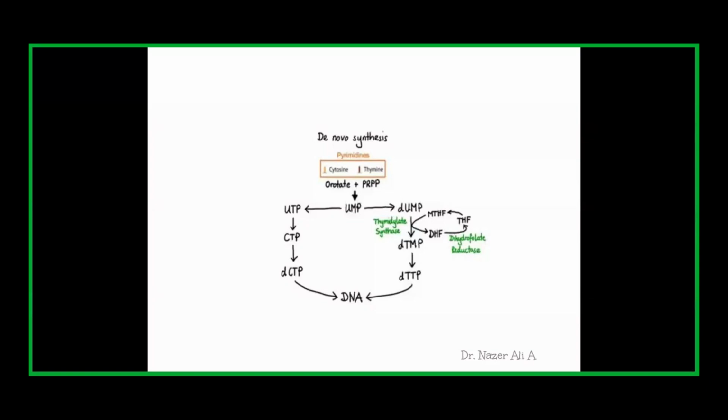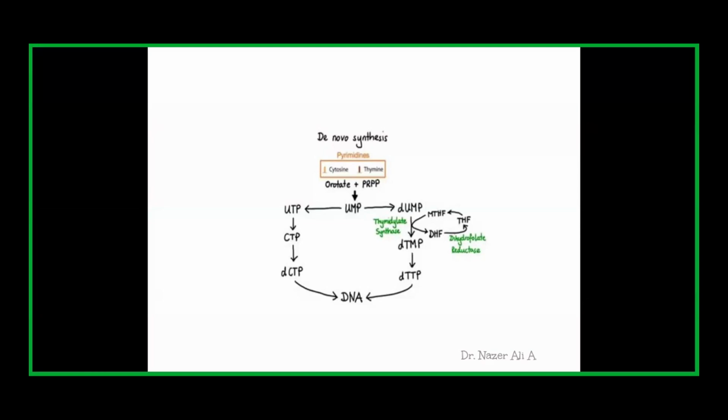On the other hand, this UMP will be converted to deoxy UMP. Deoxy UMP, with the help of an enzyme thymidylate synthase, will get converted to dTMP. Again, dTMP will be converted to dTTP. As a result, the pyrimidine bases like cytosine and thymine get incorporated into DNA. This is a de novo synthesis by which the purines and pyrimidines are getting synthesized and incorporated into DNA.